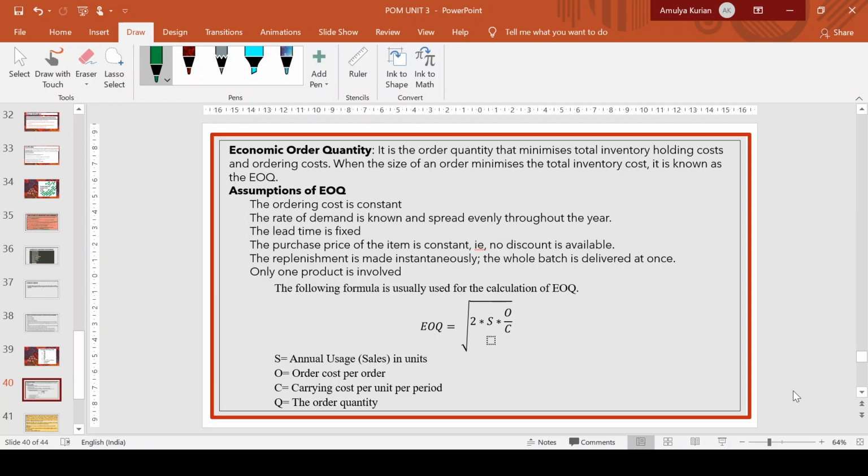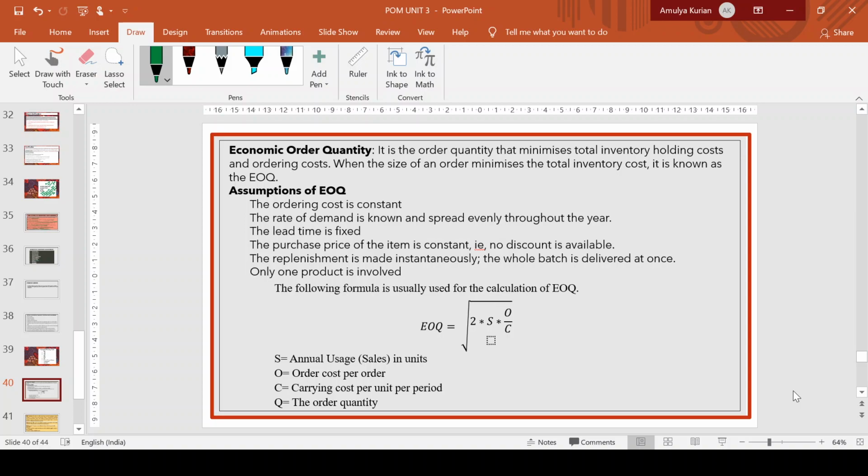Annual usage will be expressed in units. This is generally based on prior year unit sales, or based on forecasted unit sales. Then order cost is nothing but the sum of the costs that are incurred each time an item is ordered.